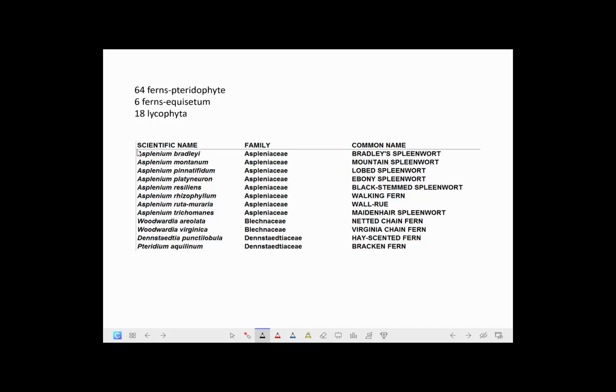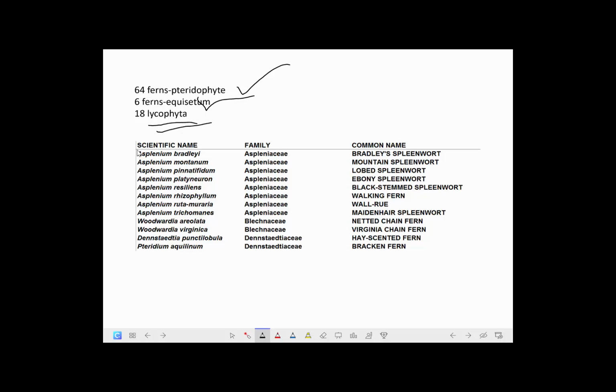Here's a list of the seedless vascular plants of Ohio, of which 64 are basically leafy ferns. I'm going to say pteridophyte. Horsetails are actually ferns, and there are 6 of them. And there are 18 what are called lycophytes: club mosses, spike mosses, or quillworts.